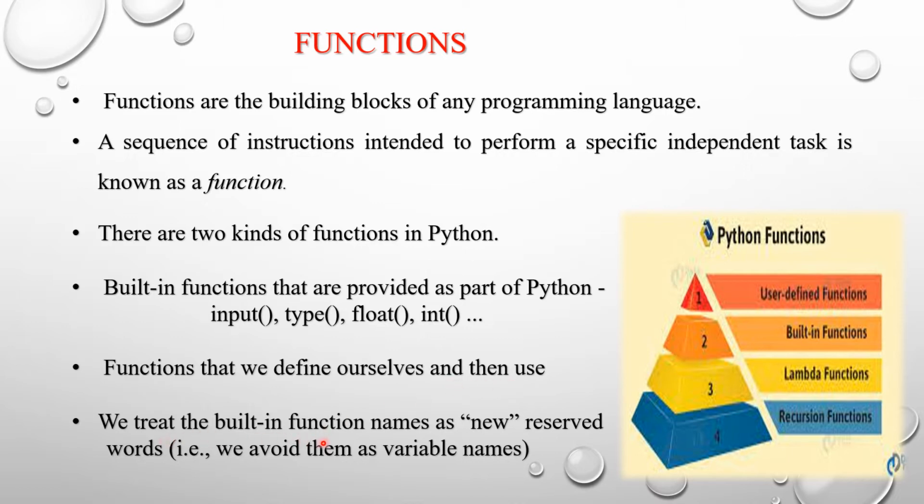We treat the built-in function names as reserved words, that is, we avoid using them as variable names. So Python functions are mainly classified into two types: user defined functions and built-in functions. Lambda functions and recursive functions are further classifications of functions.